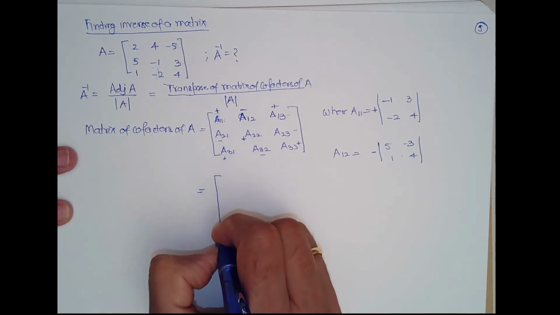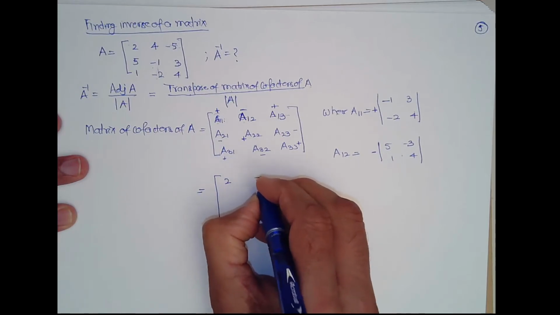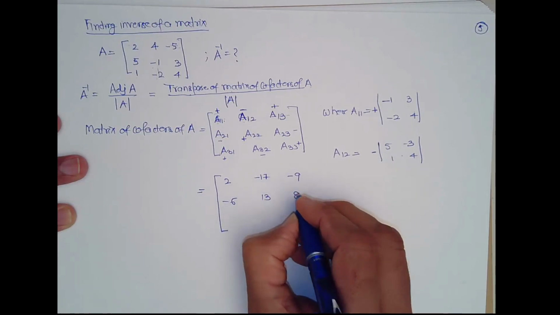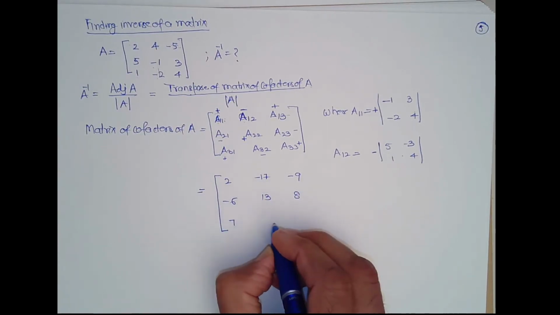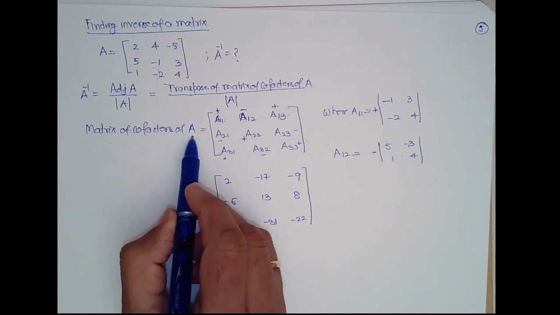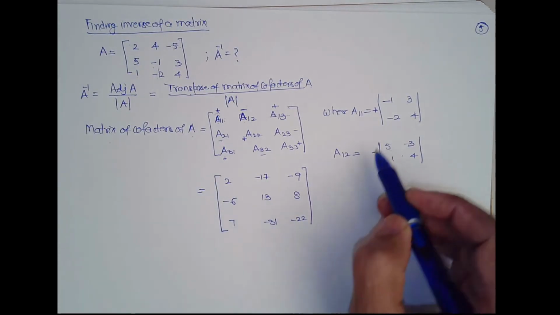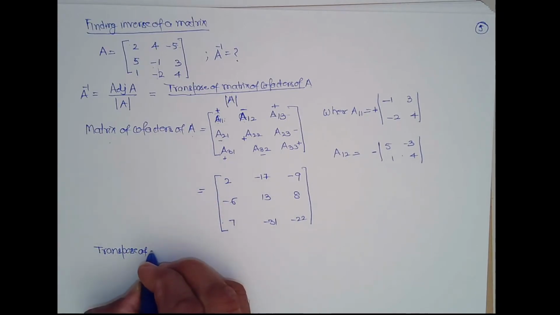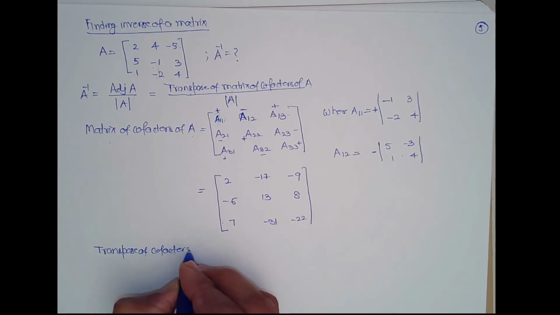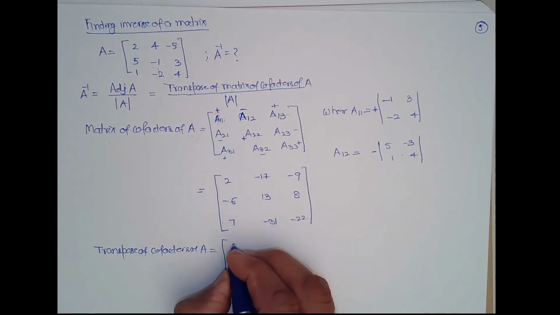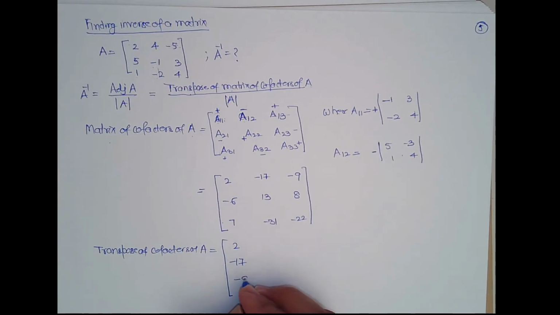So this matrix will come like that: -6, 13, 8, 7, -31, and -22. So this is the matrix of cofactors. We got this matrix of cofactors, and the transpose of cofactors of A means the first row becomes the first column: 2, 7, 2, -17, -9.